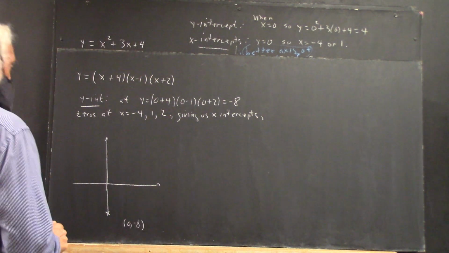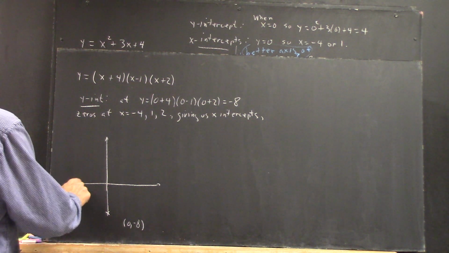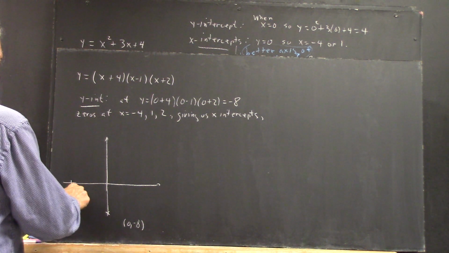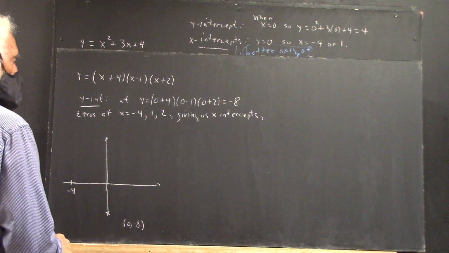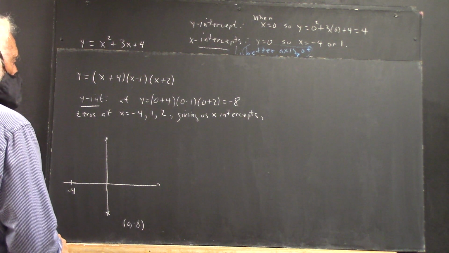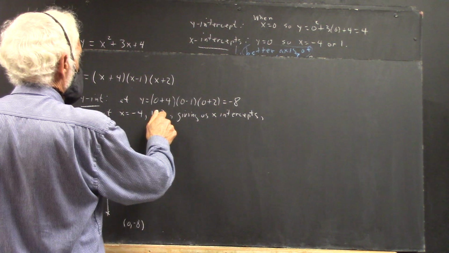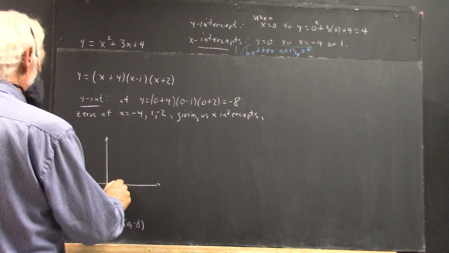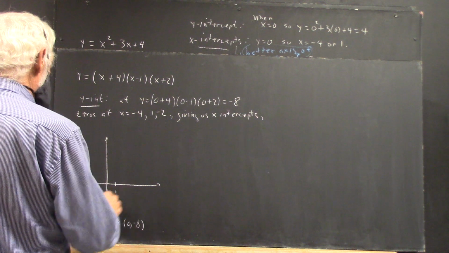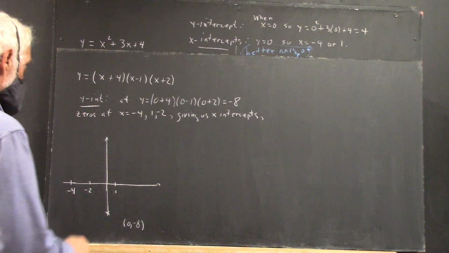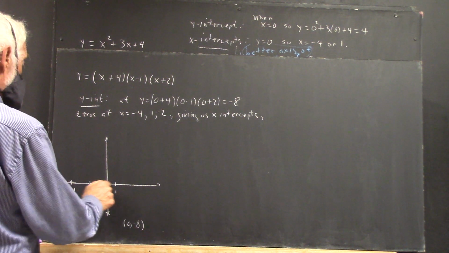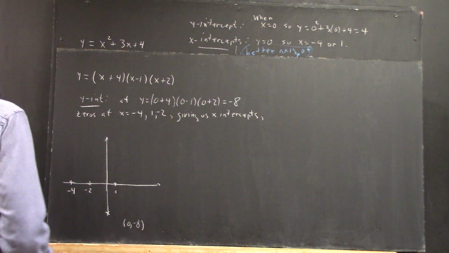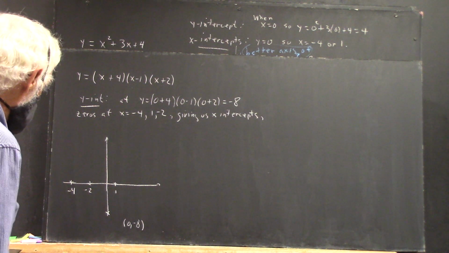That gives us x-intercepts. So, here's negative 4, negative 2, and 1, right? These are our zeros. Okay.